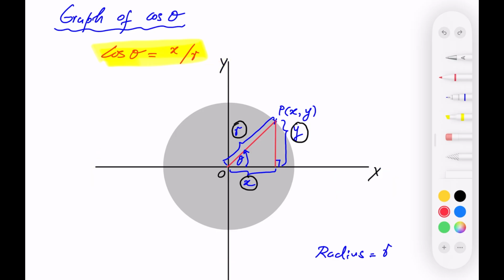So if your P is going to be at this point right here, what are the coordinates?